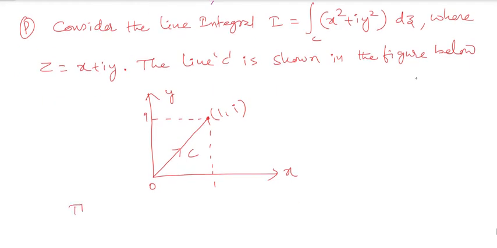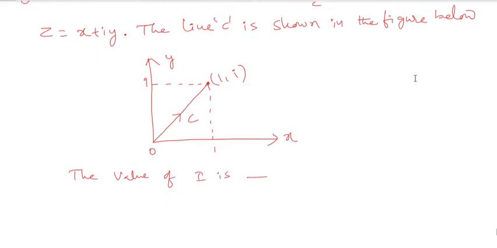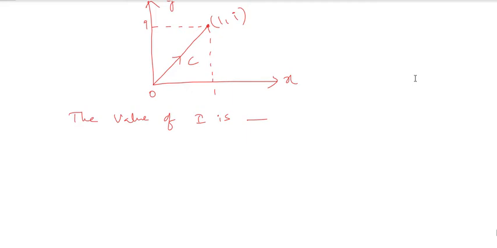Then they are asking the value of capital I is dash. Option A is i by 2. Option B is 2i by 3. Option C is 3i by 4. Option D is 4i by 5.